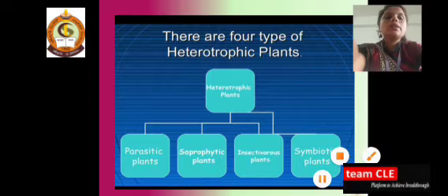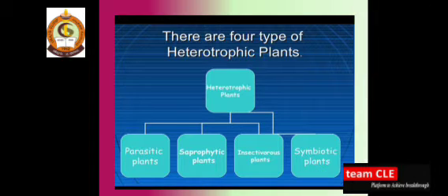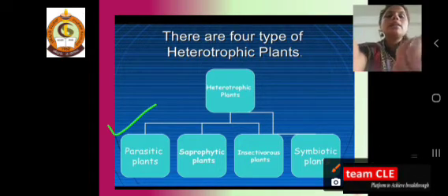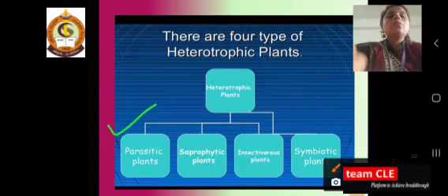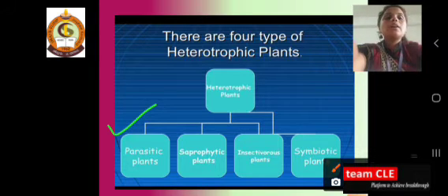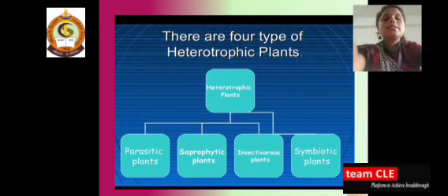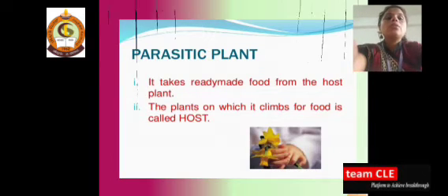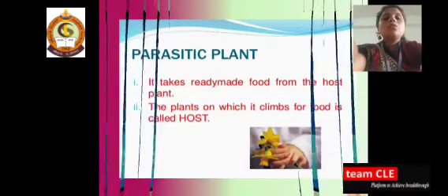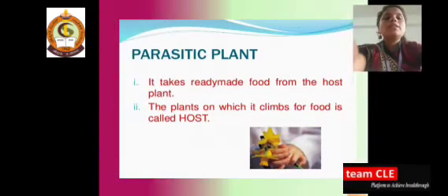In today's class we are going to discuss the parasitic plant. We will take a few examples to understand how parasitic plants prepare their food. First, the definition: what are parasitic plants?